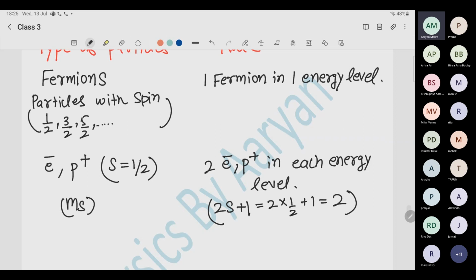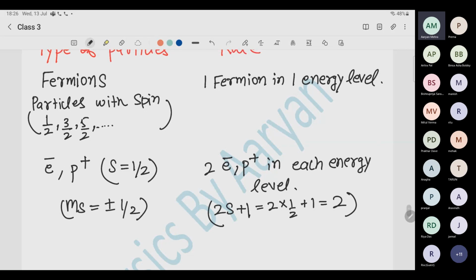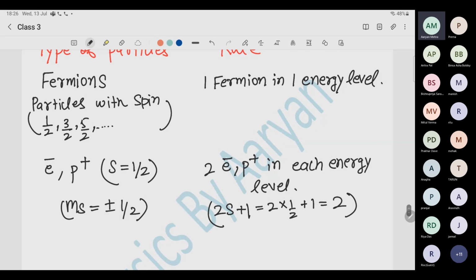If s is half, then the ms quantum number can take the value plus or minus half. A very simple thing from the hydrogen atom, which maybe you must have studied in lower classes. Don't worry about it. When we are only talking about the word fermion, we are not talking about ms.